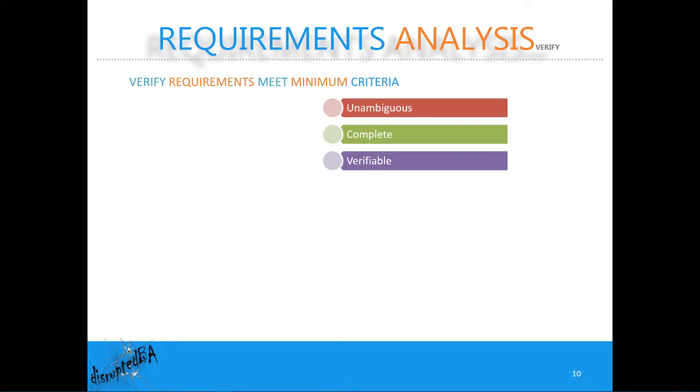Then it must be verifiable. In other words, it must be possible to verify the correctness of the requirement. So it must be testable. You must be able to set a set of acceptance criteria for that requirement so that you can say, yes, I tick the boxes, it does this, this, and this, and it's fine. And then it must be consistent.